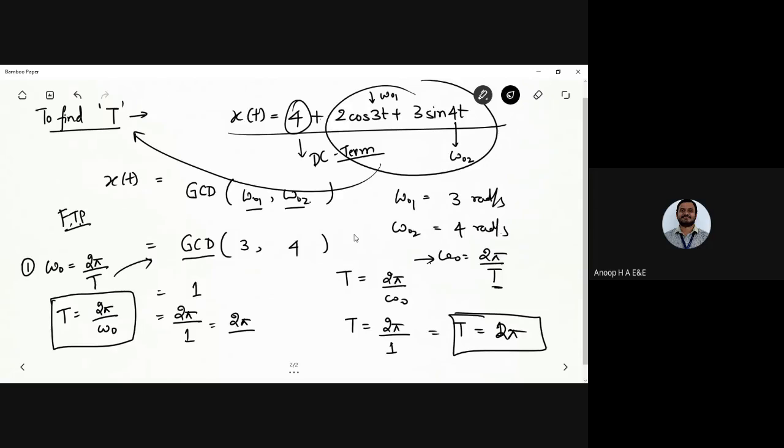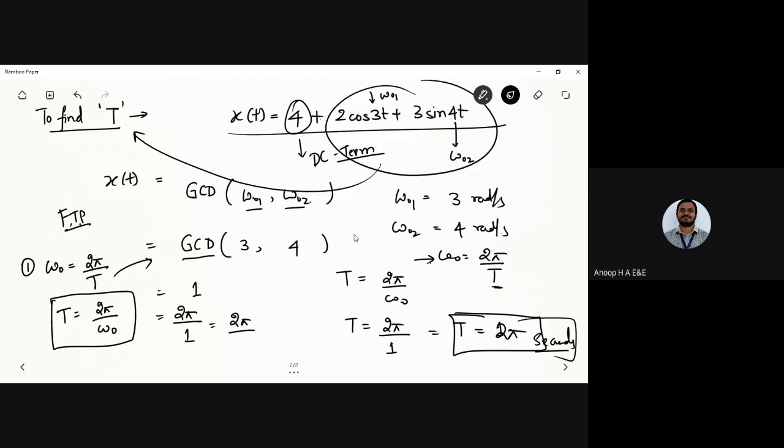So T is equal to 2 pi seconds. Now for x of t, you are taking the equation there. We are going to take the GCD of both the frequencies, that is 3 and 4.